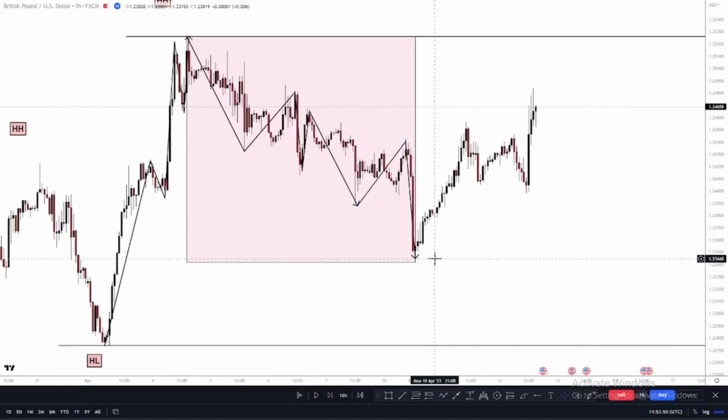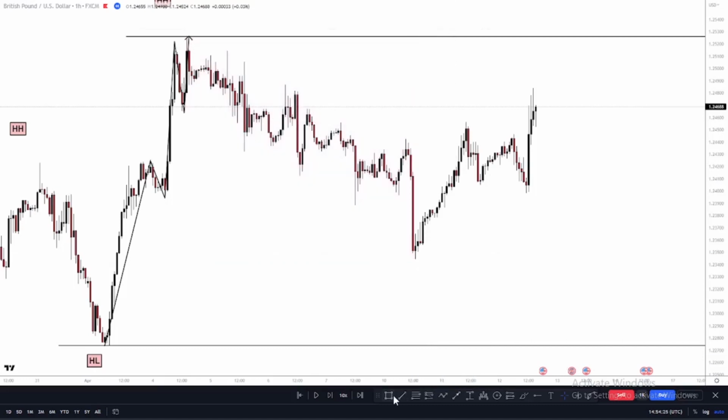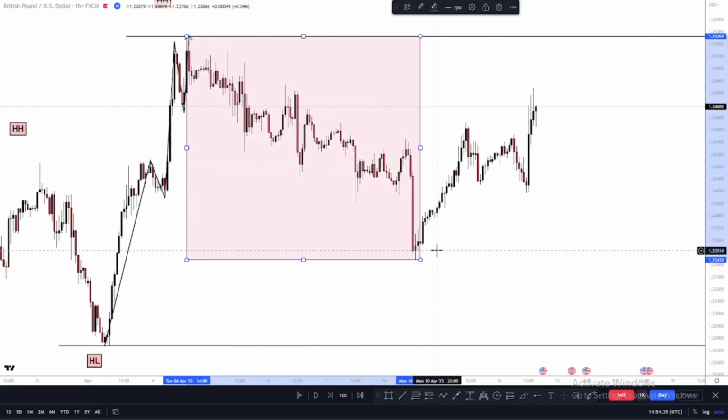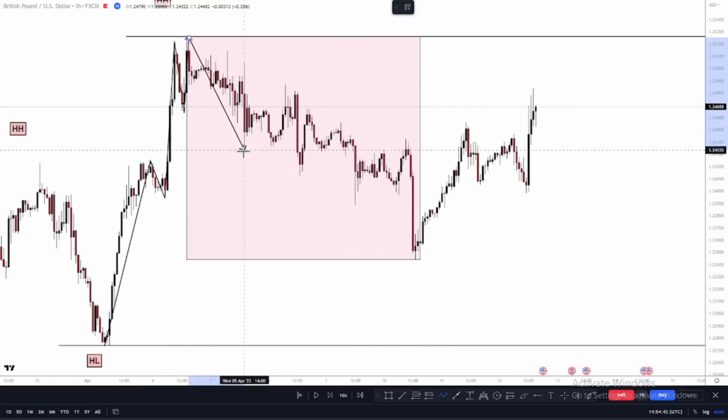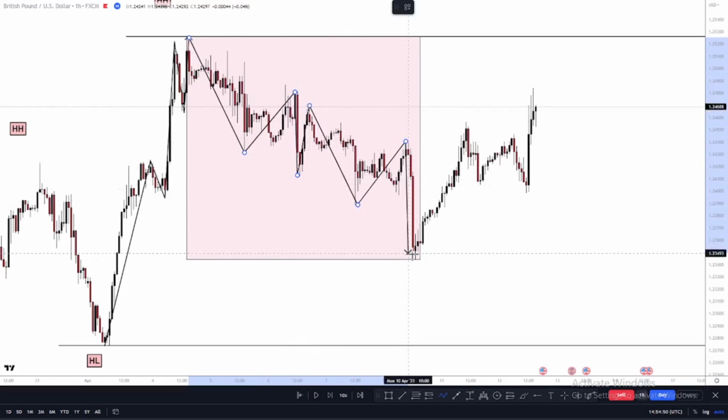Do you get me? Let me go back. So you all look at the structures price formed in this box. What can we see? We can see price creating a series of lower lows, lower highs, lower lows, lower highs, lower lows, lower highs, lower low.